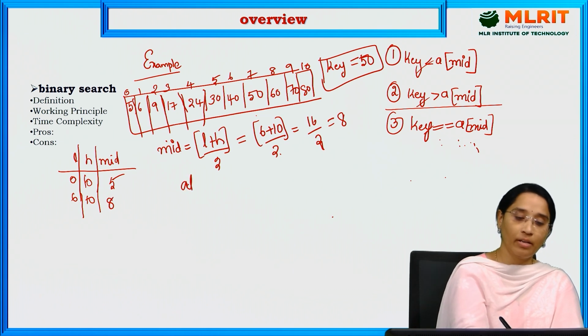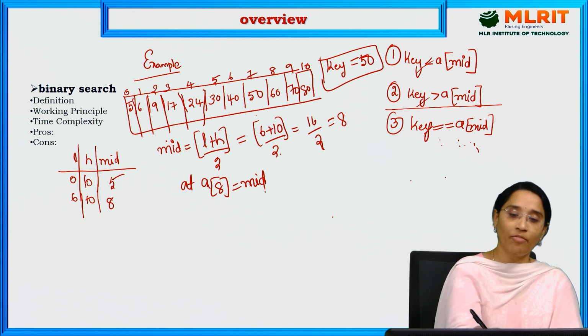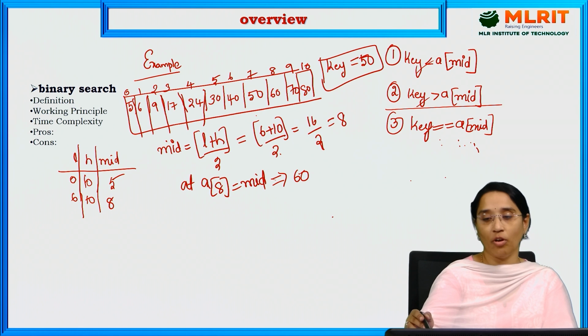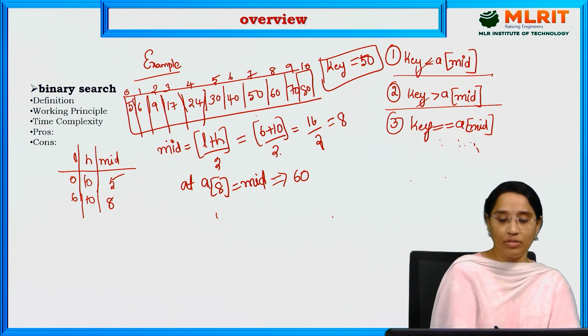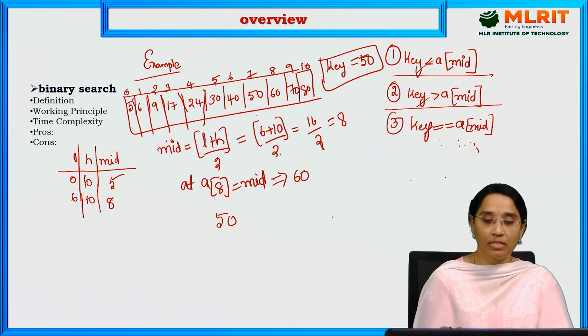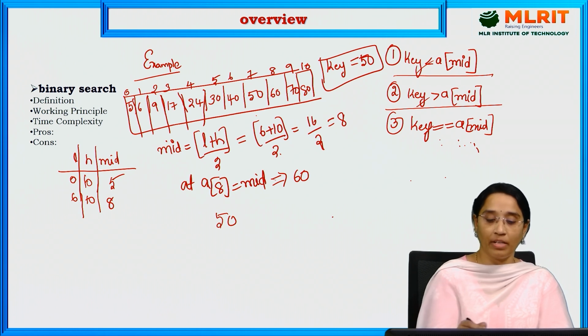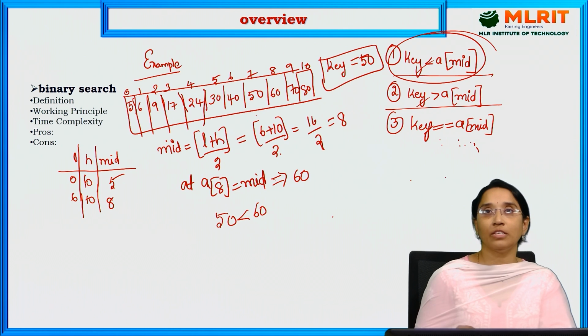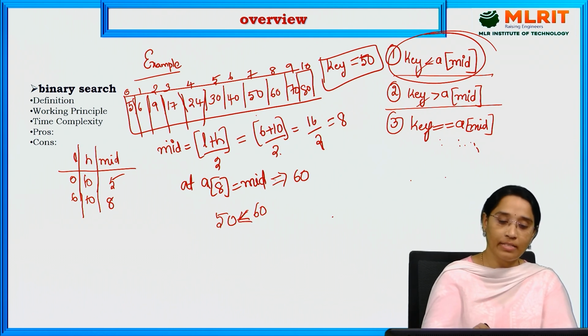At A of 8 is equals to mid. What is the value at A of 8? That is 60. So which category will it fall under? Key value is 50, mid value is 60. So 50 less than 60. This case, the first one.